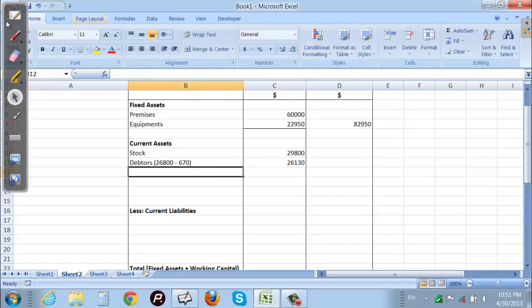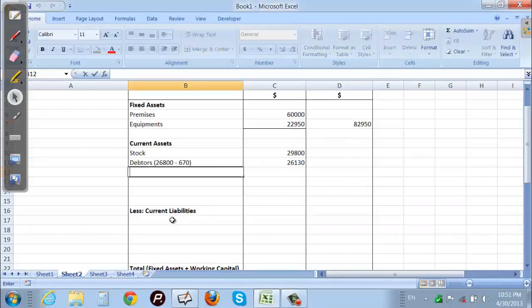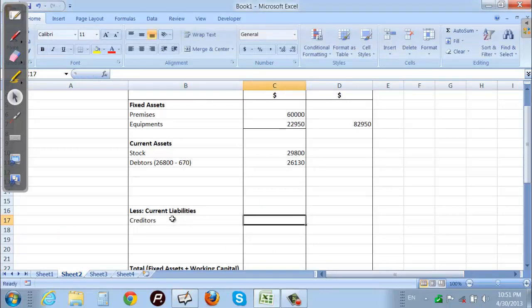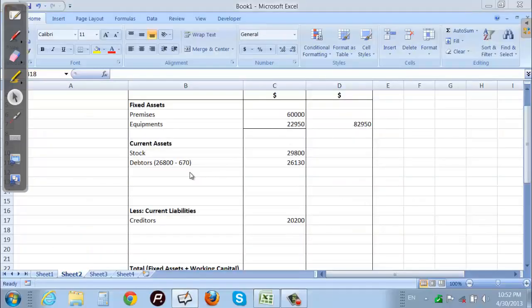After debtors, see the next item is creditors, 20,200. So creditors will come under head current liability. Creditors $20,200. The next item, accrued general expenses on the last day is 0. So leave this item. Prepaid general expenses on the last day is 340. So this item will come under head current assets.